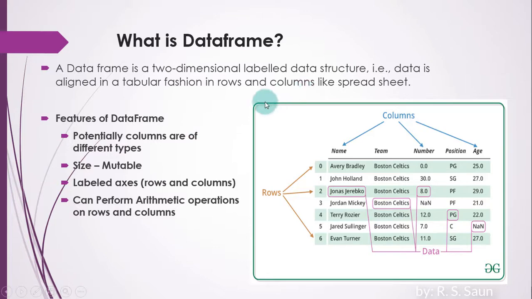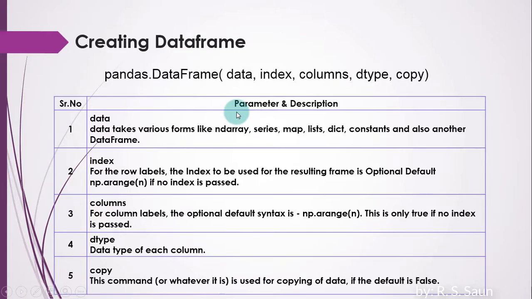So let us see how to create data frame objects. To create a data frame object, we have a function called DataFrame from the library pandas. Here are some of the parameters. The first is data. Data is any valid sequence, just like NumPy arrays, series, maps, lists or dictionaries.